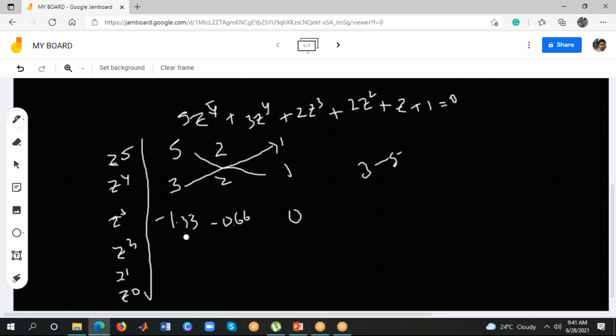Now, for the z square term you will get minus 1.33 into 2 plus 3 into 0.66, so you will get 0.5, 0.51. So what is the value you get here?